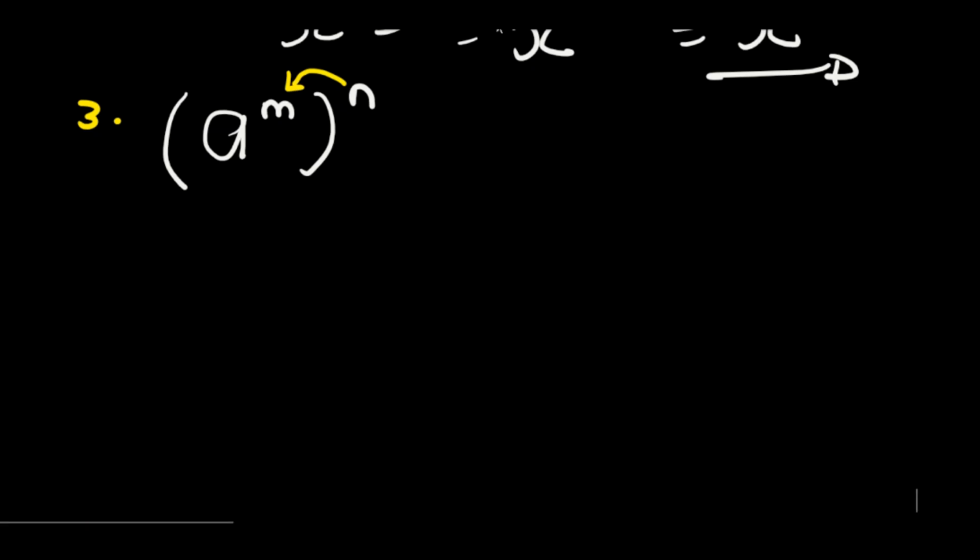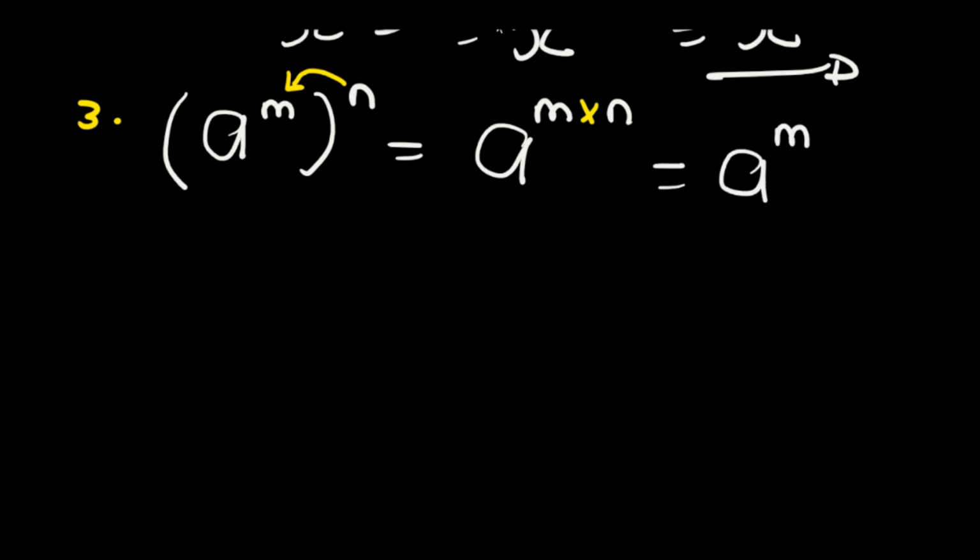So meaning we are having a to the power of m. So this n will multiply the m. So it's just going to be multiplied by n, like this. And then from there, you're just going to write your a to the power of mn, and this would be your solution.